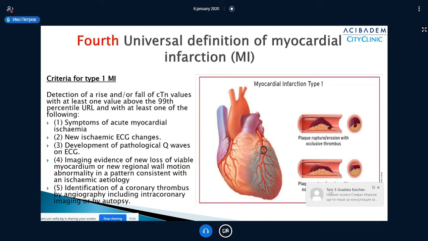This is the definition that is telling us that the patient has the so-called typical type 1 myocardial infarction. So it's a typical atherosclerotic changes caused myocardial infarction. So this is the most typical myocardial infarction.